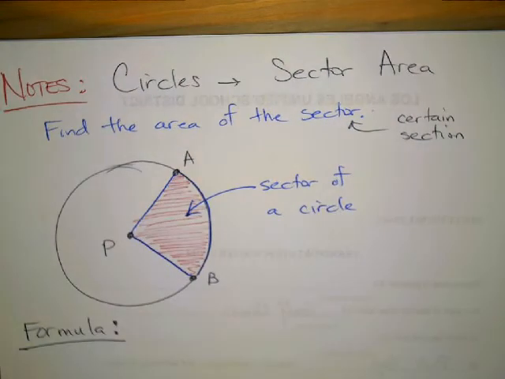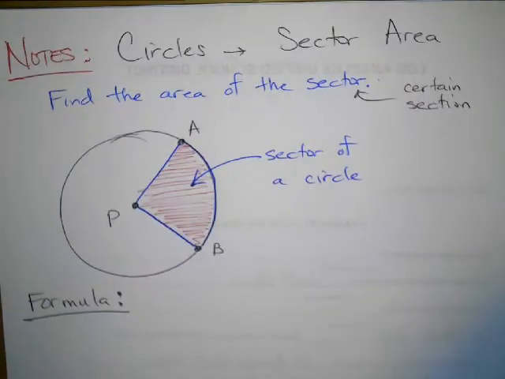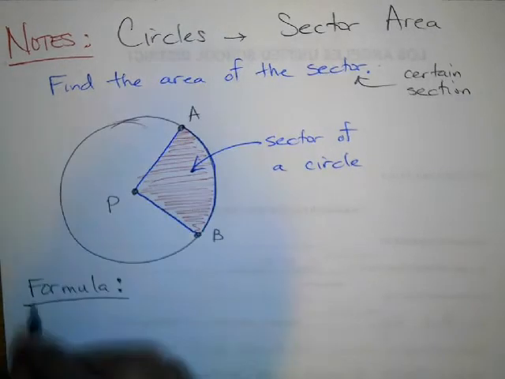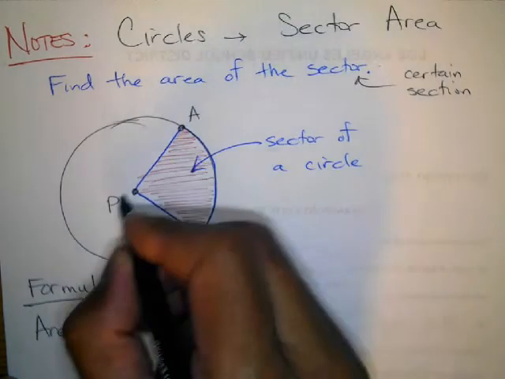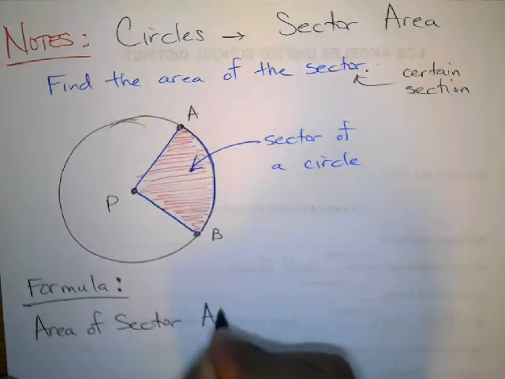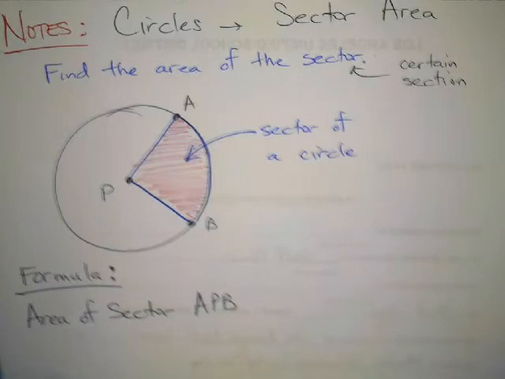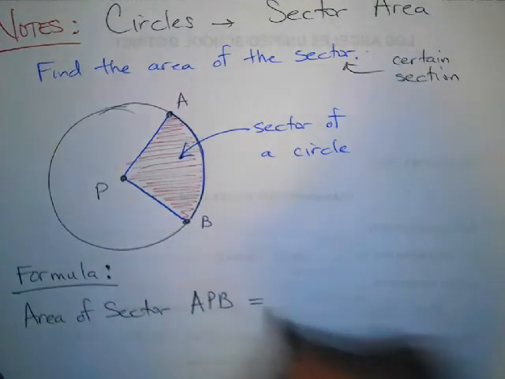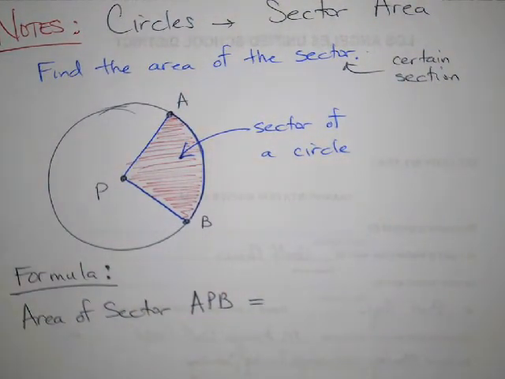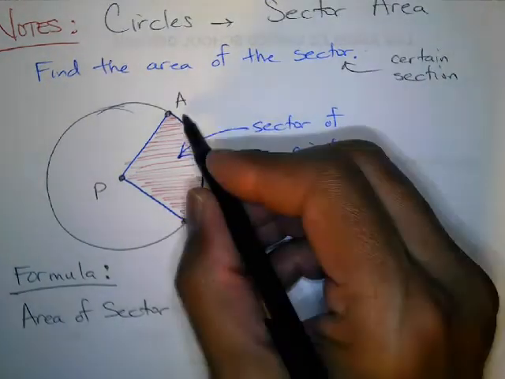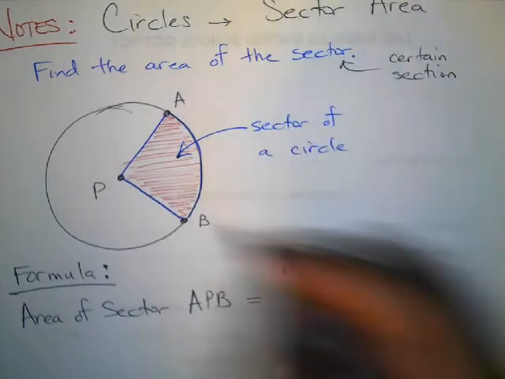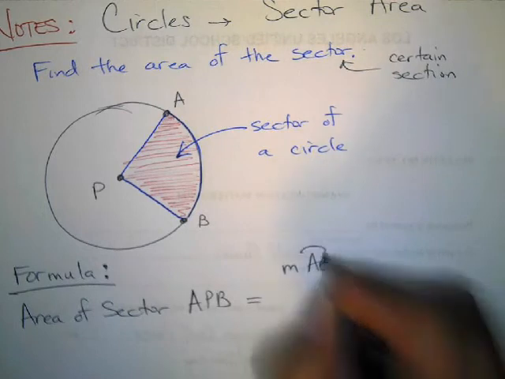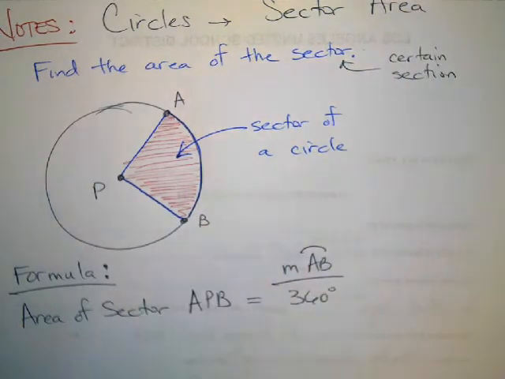Because again, this one, you're just going to use the formula. You'll know the parts that you need to substitute, and it's going to be easy. Area of sector A to P to B, this slice that it creates, is going to equal, and we saw something earlier with these formulas in this unit with circles, you're going to find the measure of the arc, the degrees of this arc AB, divided by 360 degrees.